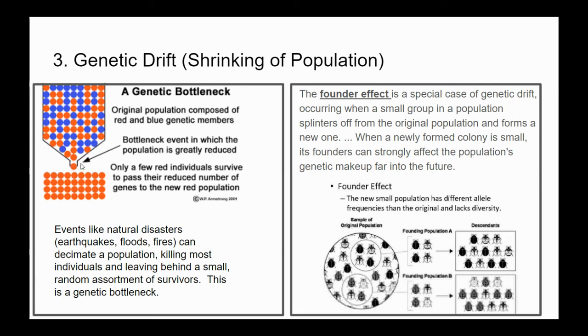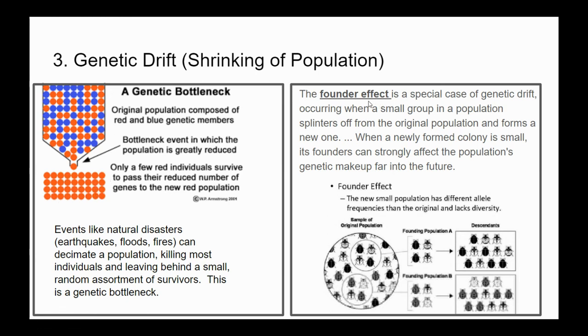This bottleneck event can be a natural disaster, like an earthquake or flood, or even humans can go in there and kill all of one type of the organism. Then the small number of survivors create a new population with a new gene pool.